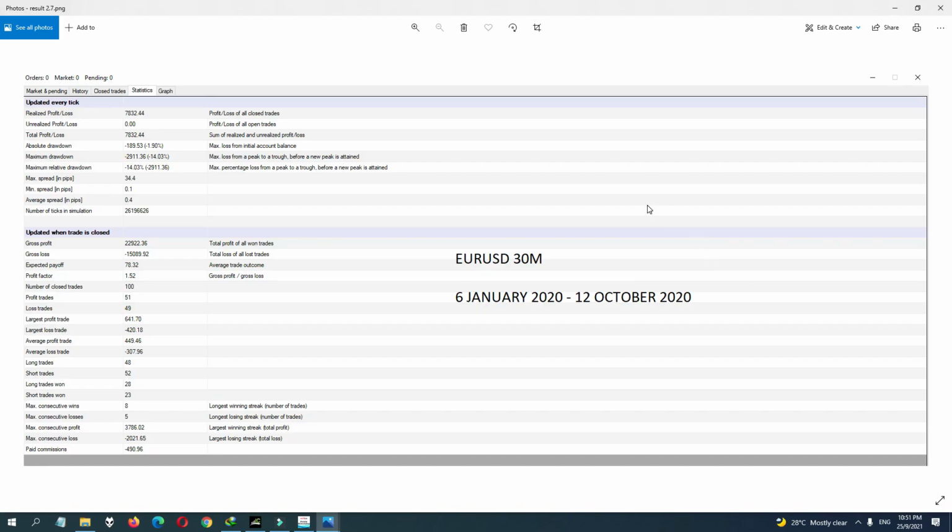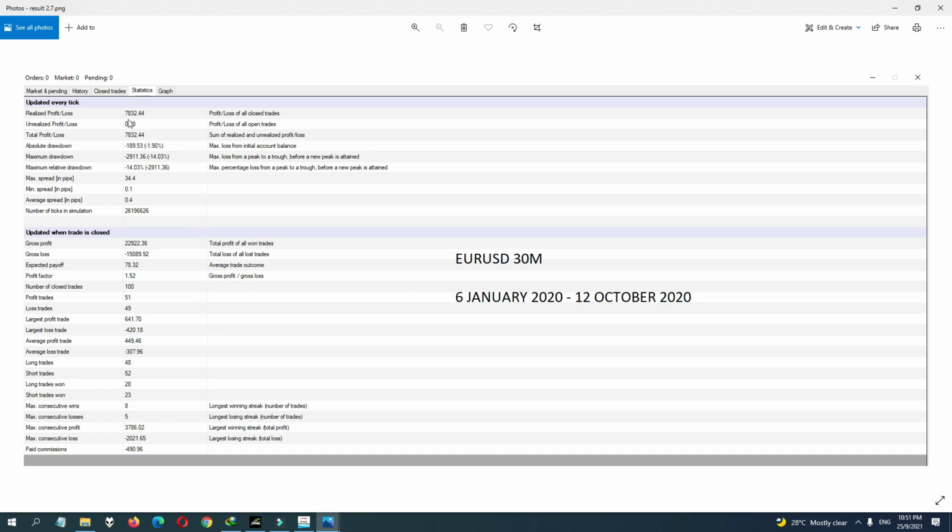Here is the result of 100 tests for the 2.7 ATR stop loss. It's EUR/USD 30 minutes, from 6 January 2020 until 12 October. In 100 trades, we have a 51% win rate and 49 losses, which is not bad for 1.6 to 1 risk reward.